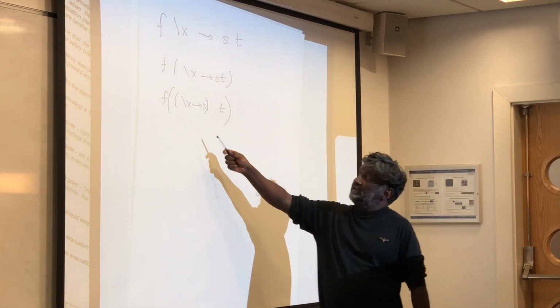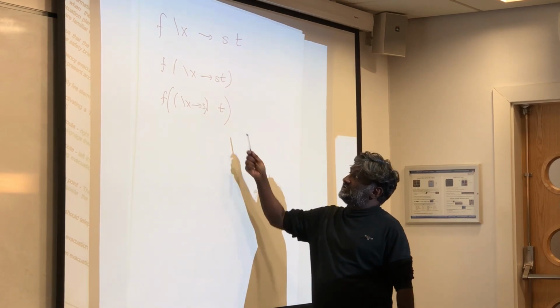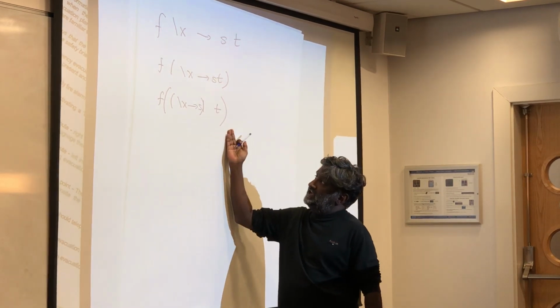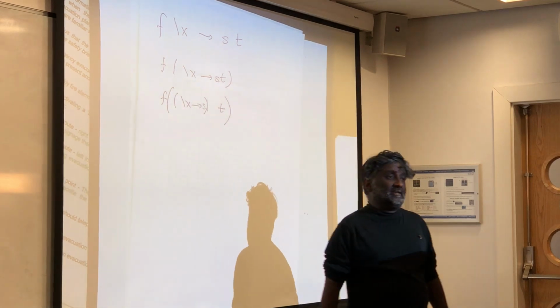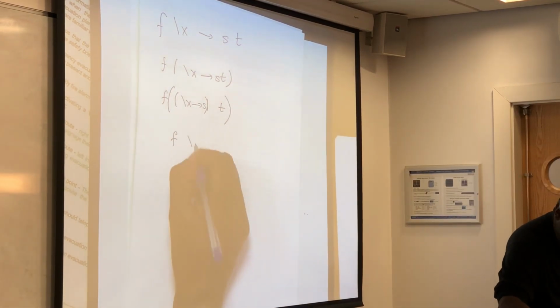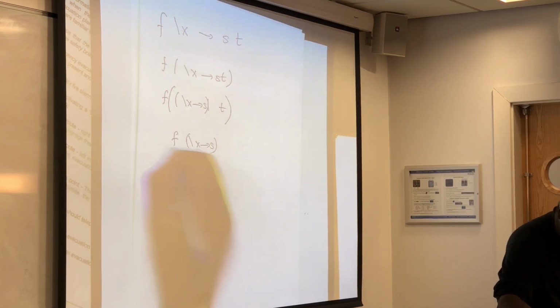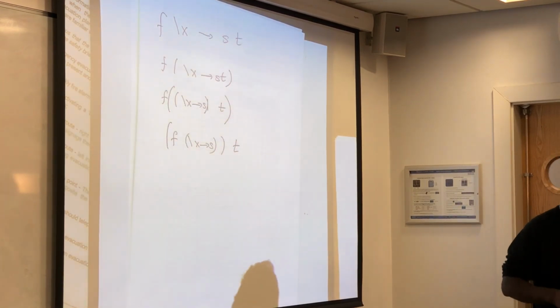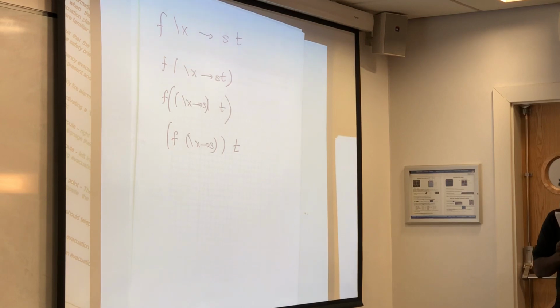So take x as input and return s, feed t as input for that x, and take the whole thing and give it as input to f. Or alternatively, it could be f, give that input lambda x arrow s, and then give it t. I can't think of any others.